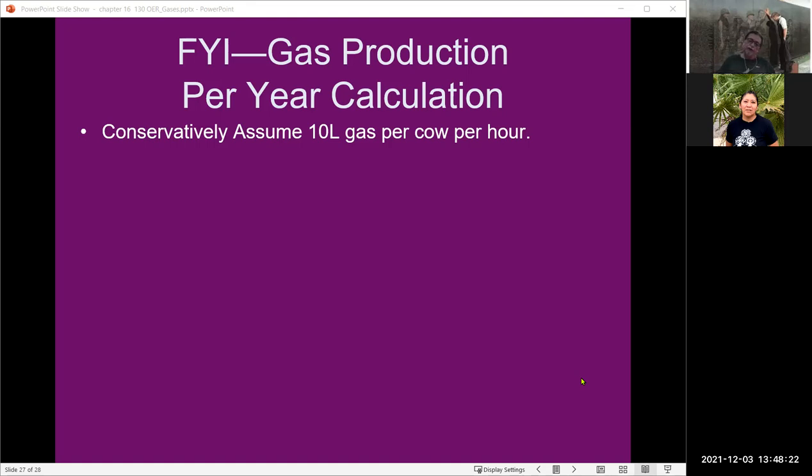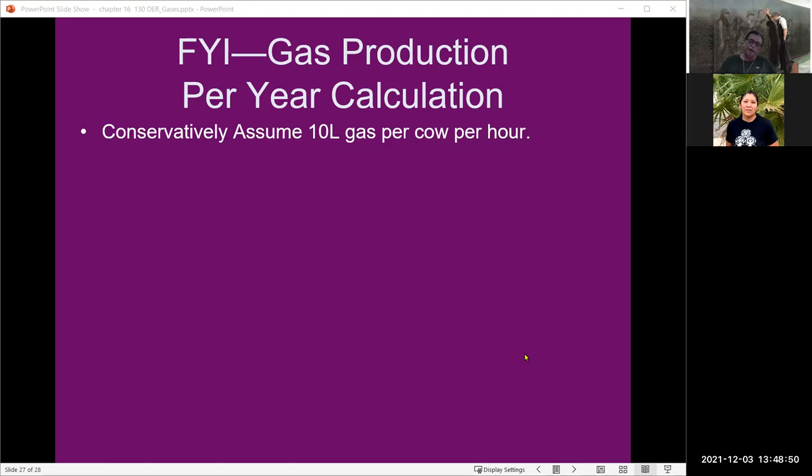Now, conservatively, cows, and not just cows but a variety of different animals and humans, can emit about 10 liters of a variety of gases in the air. So let's conservatively say one cow, 10 liters of gas per hour.